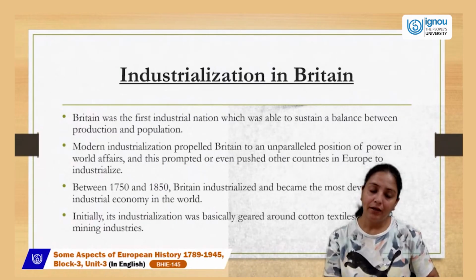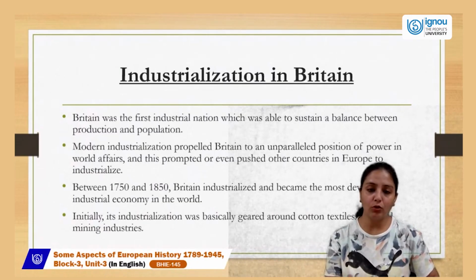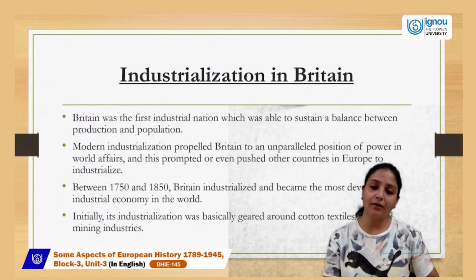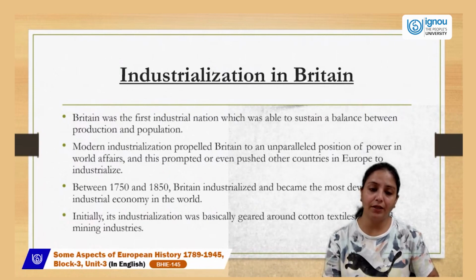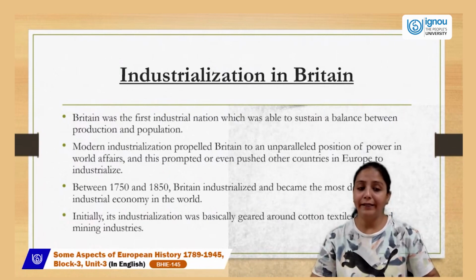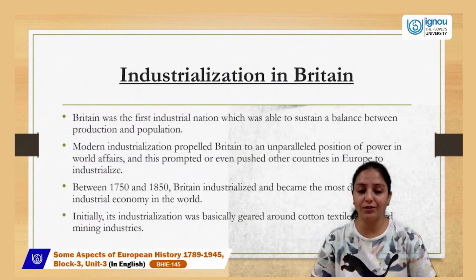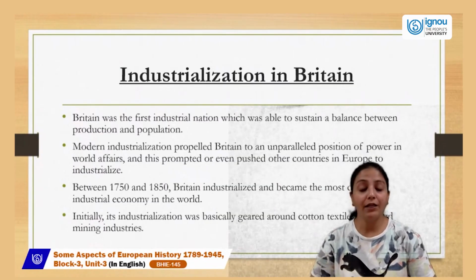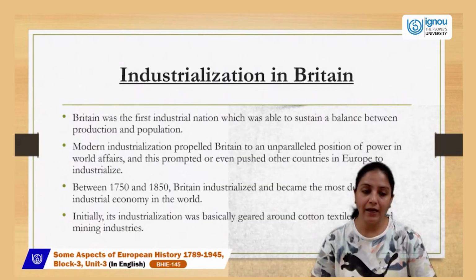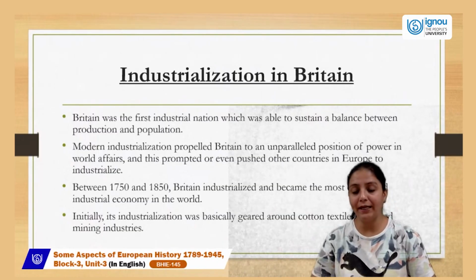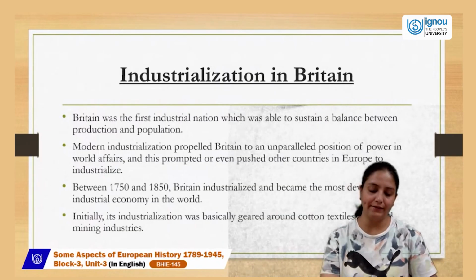The industrialization occurred in Britain, and after that France and Germany were involved in the same way. Initially, its industrialization was basically geared around cotton textile, iron, and mining industries.